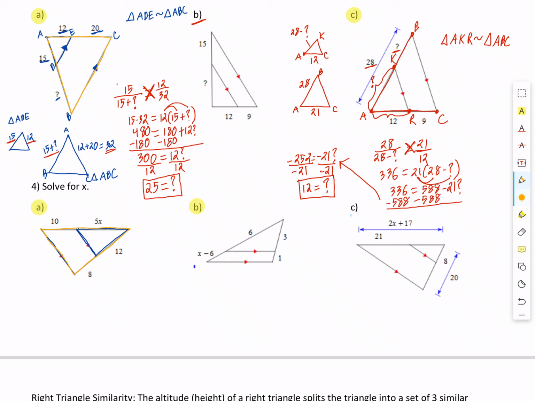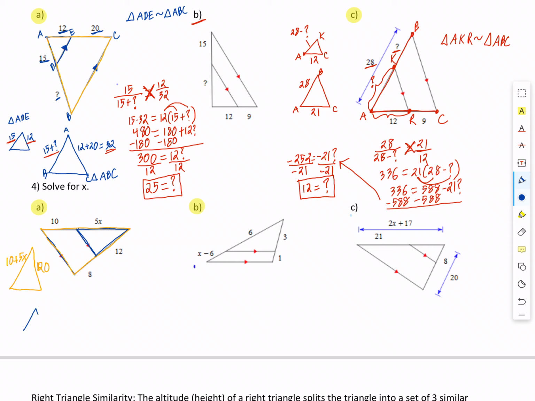So if we draw our bigger one, now this back side right here is going to be equal to 8 plus 12, which is 20. And then this front side is going to be equal to 10 plus 5x. Again, that's the bigger triangle. And the problem asks us to solve for x.